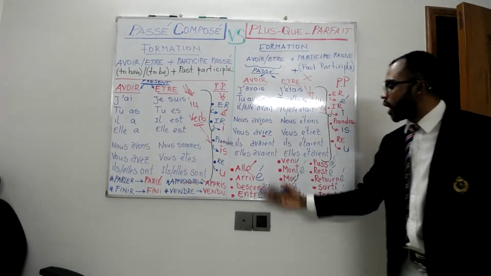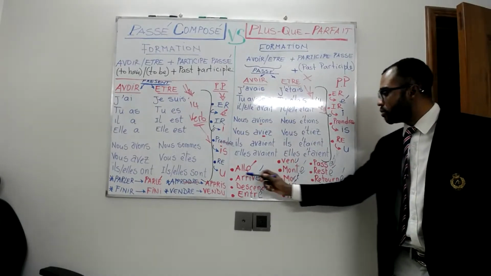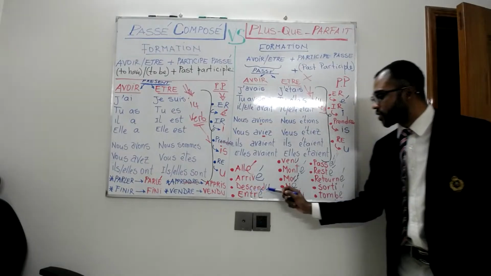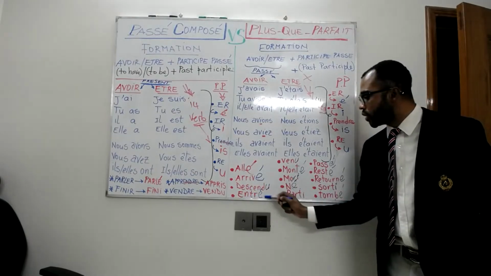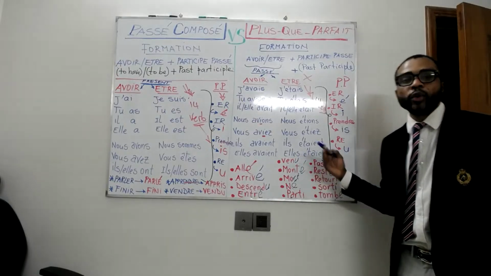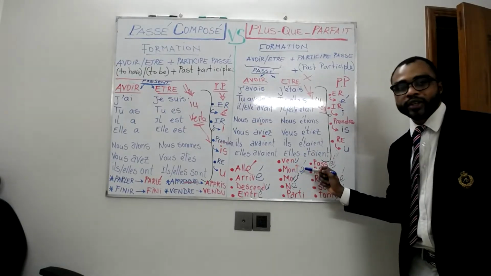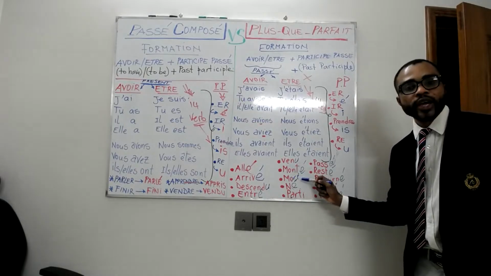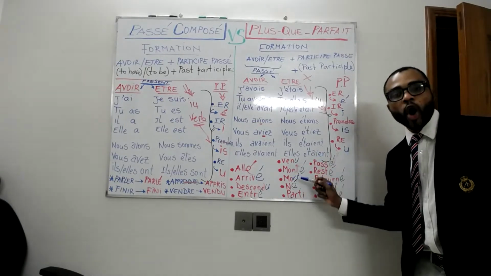So here these are the past participle. Aller with the I, arriver with the I, descendre will become descendu, entrer will become entré with the accent, venir will become venu, monter with ER will become monté with the accent, mourir will become mort.